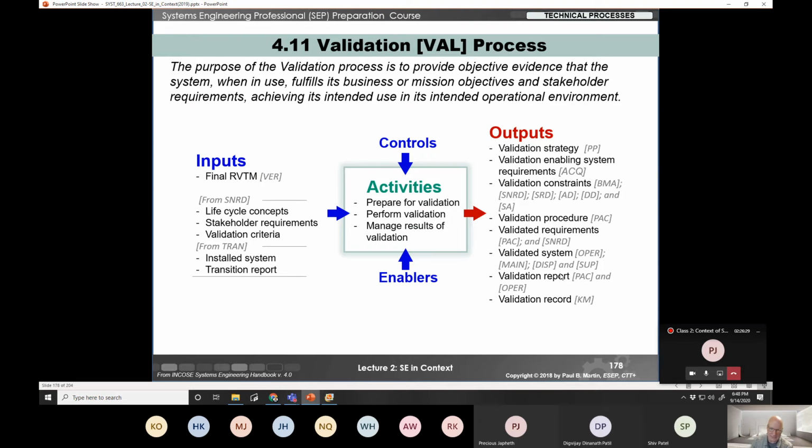It's the operational testing and evaluation. That's what validation is. Most systems engineers throughout the world talk about this as a validation technique that you use to validate that the system will perform the mission that it was supposed to.